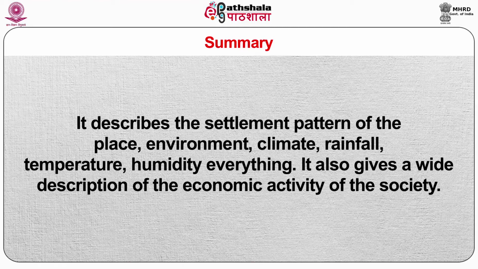It also gives a wide description of the economic activity of the society. It also puts stress on political issues of the country, their territory, people, and sovereignty, etc. All the spatial attributes of a place are included in social science.